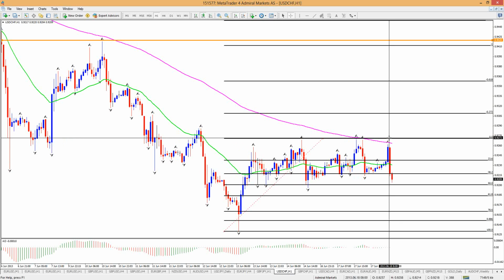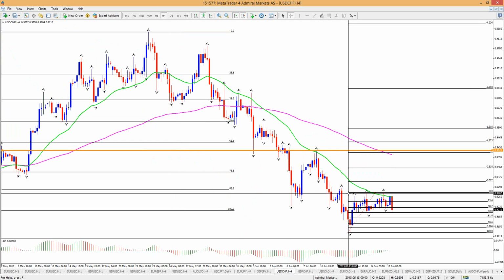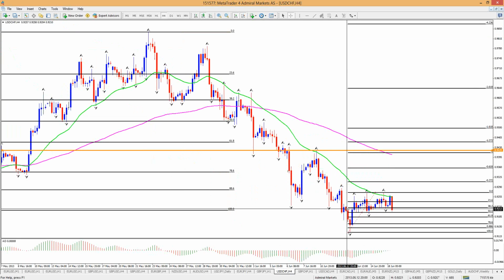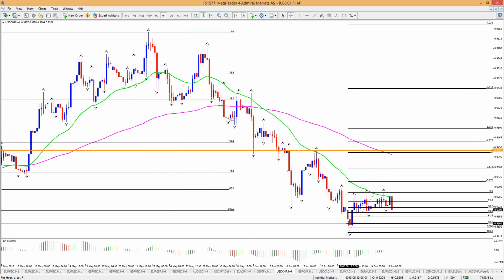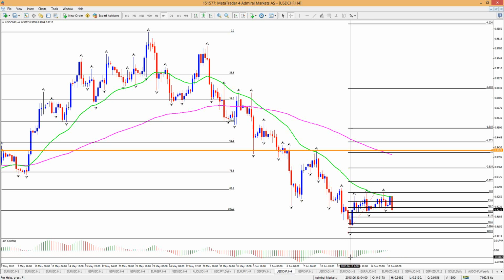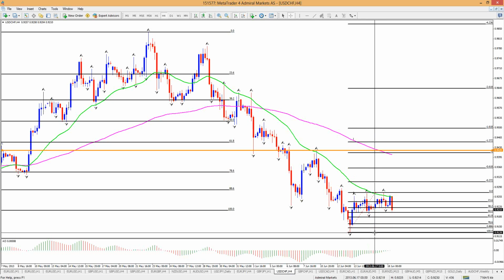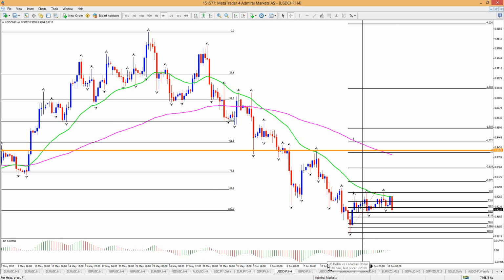Yeah, so the stop loss looks something like 60-ish, which means a 1-to-1 target would be 91.50-ish, and a 2-to-1 target would be 90.80-ish, I think.